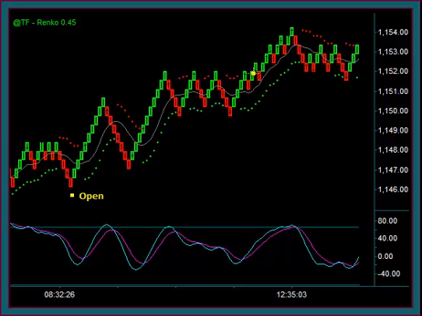Now, I would not take that trade. I understand that it exists, but look at what that trade is all about. It's a consolidation breakout.